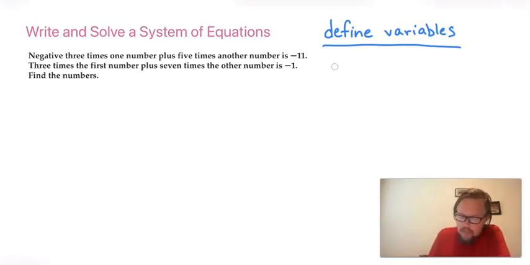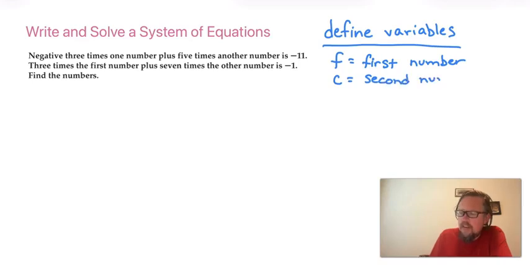So I'm going to do f as my variable for the first number, and let's do e. Oh no, I better not use e because that's an actual number in math. Let's do c for the second number. If your handwriting is better than mine, you can use S for the second number, but my S's always look like fives and I end up getting mixed up.